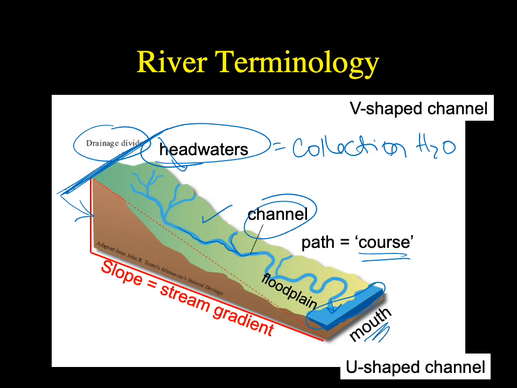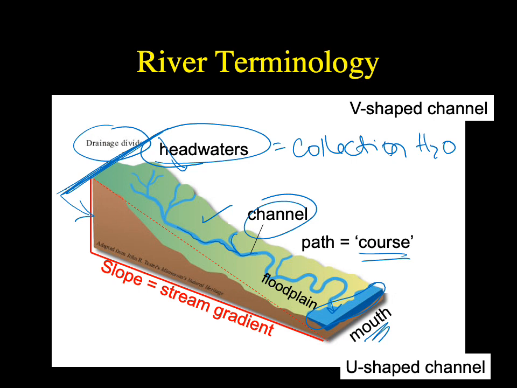So for example, the mouth of the Mississippi River is in Louisiana, where we see the Mississippi River Delta. That's where it dumps all of its water and sediment that it's been carrying across the entire country, and then it drops it all off there at the mouth of the river at the Gulf of Mexico.